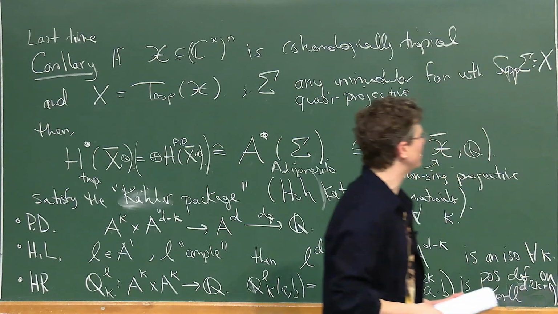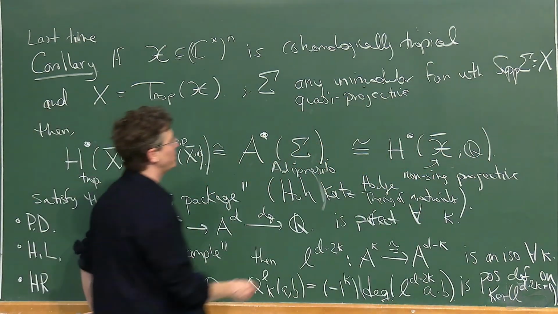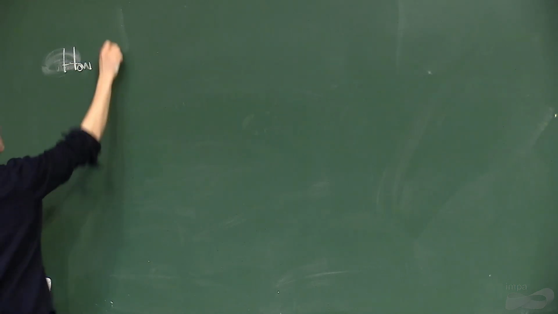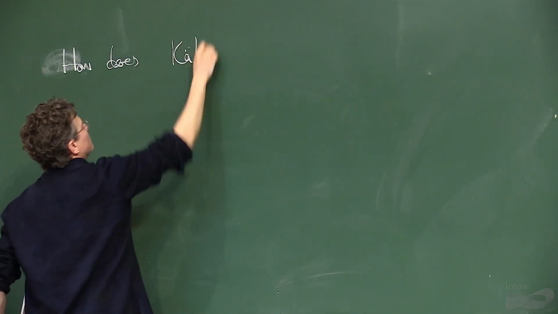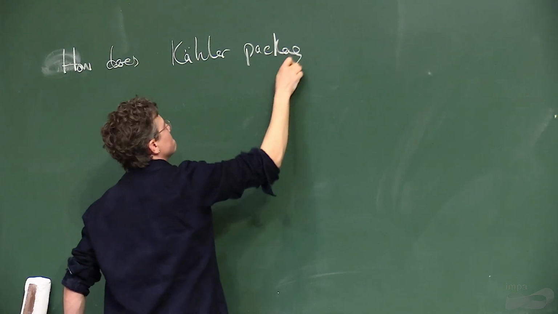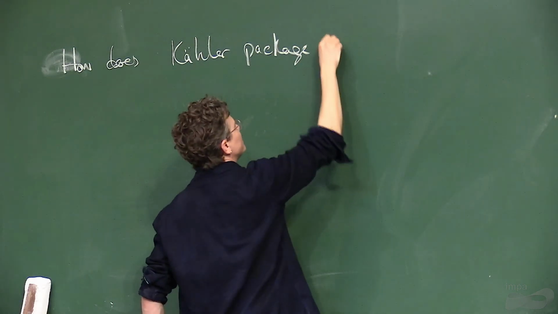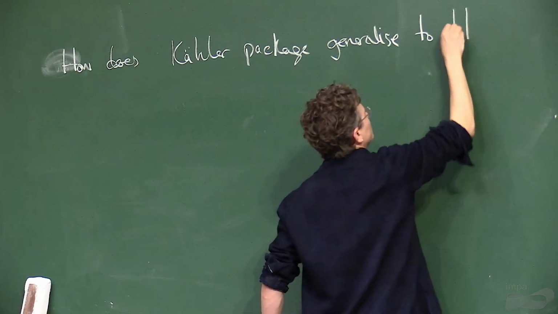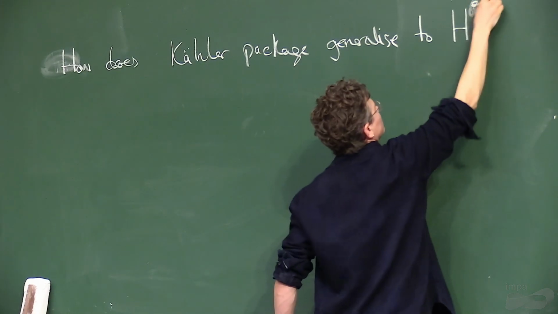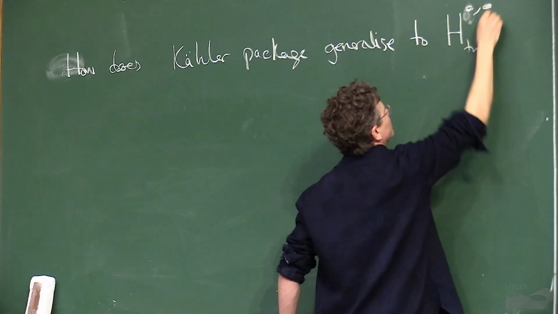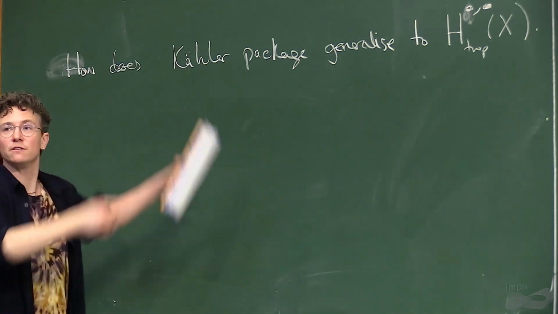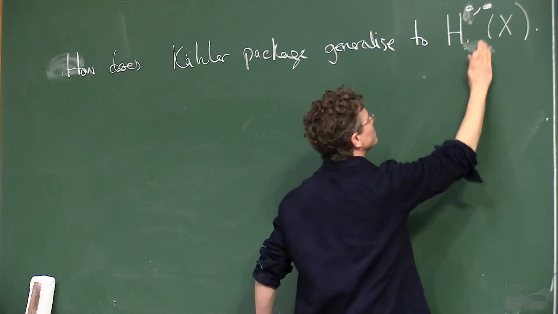Okay, but we can still ask ourselves, for HPQ, instead of having A star here, which of these properties, or how does this Kähler package, or does it make sense, generalize to the HPQs, no trop here, just HPQs.